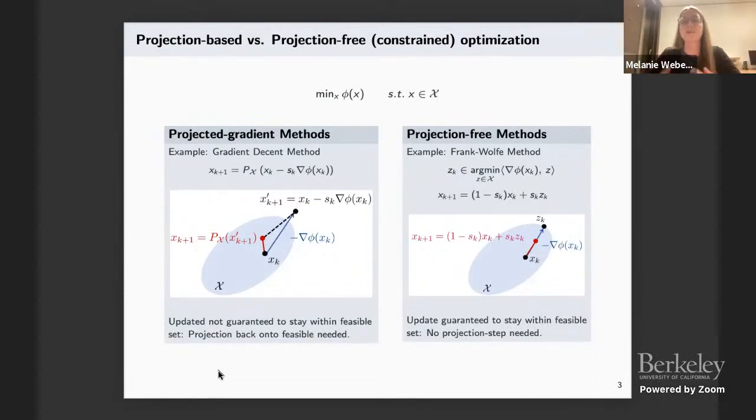And then we compute a projection back onto the feasible region to ensure that our update stays feasible. Now, depending on the geometry of our constraints, computing such projections could potentially be expensive. And in such cases, it's better to use a projection-free method. Projection-free methods are guaranteed to stay feasible without any projection step.